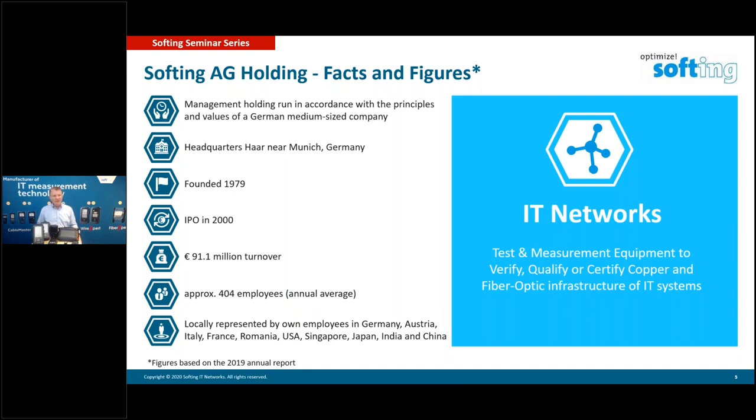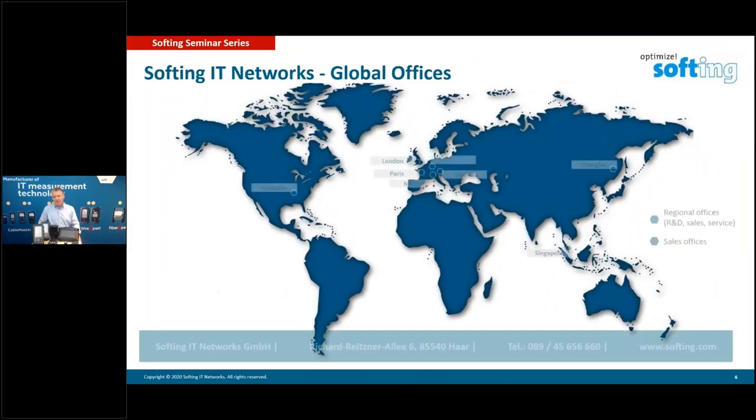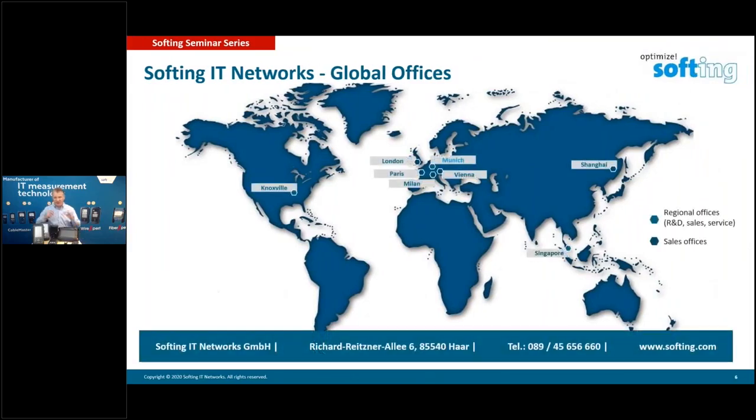Softing was founded in 1979. The headquarters is here in Munich, or to be more correct, near Munich. Of course, we have a lot of employees and some turnover, but you can read it from the slide. We have several offices all over the world.